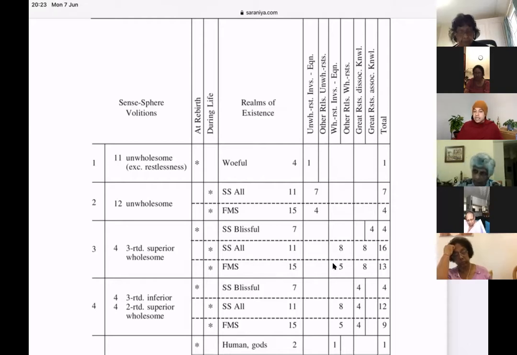And then, because it is 3-rooted superior wholesome, we should be able to experience this through consciousnesses within the beautiful resultants, which we do have here.